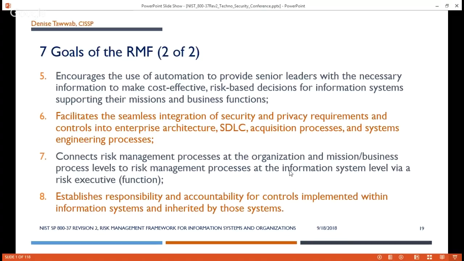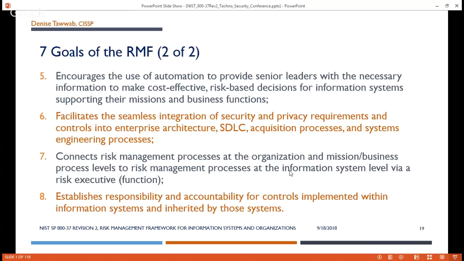The seventh goal of the risk management framework is to connect risk management processes at the organization and mission business process level to risk management processes at the information system level via the risk executive function. And the risk executive function is discussed extensively in my coverage of special publication 839.